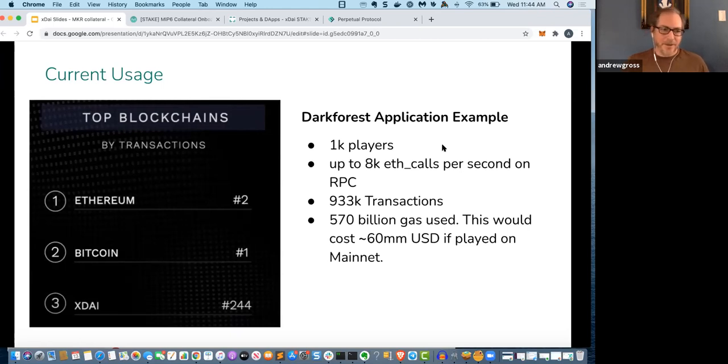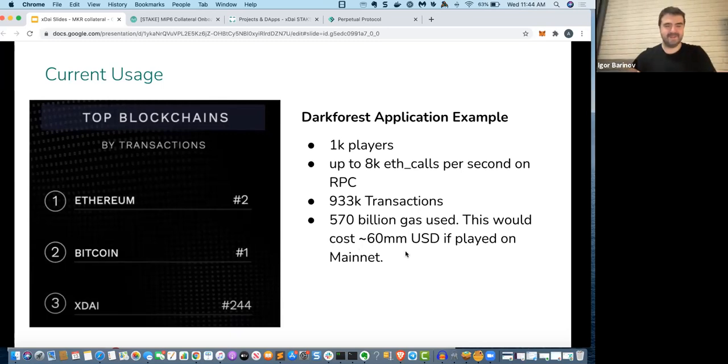As you can see here, xDAI is the third most used chain based on transactions, based on one crypto analytic. It's not that we're reporting it. I grabbed this from somewhere else.